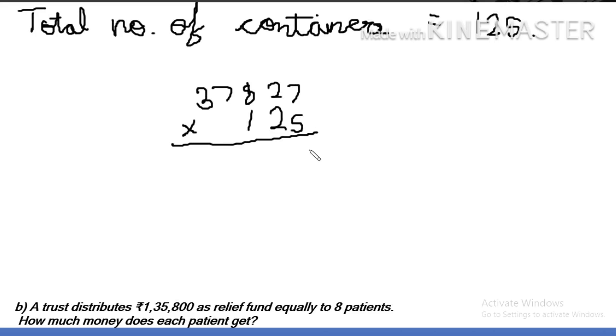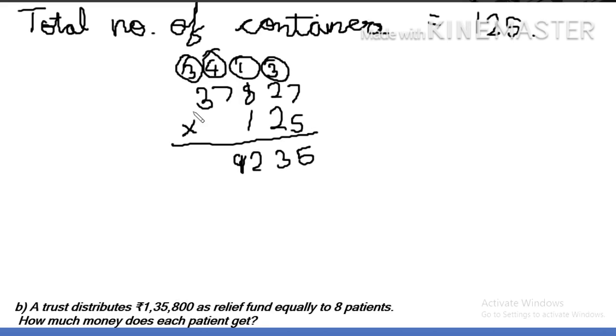Five into 7 is 35, 3 carry over. 5 twos are 10 plus 3, 13, 1 carry over. 5 eights are 40 plus 1 plus 2, 42, 4 carry over. 5 sevens are 35 plus 4, 39, 3 carry over.